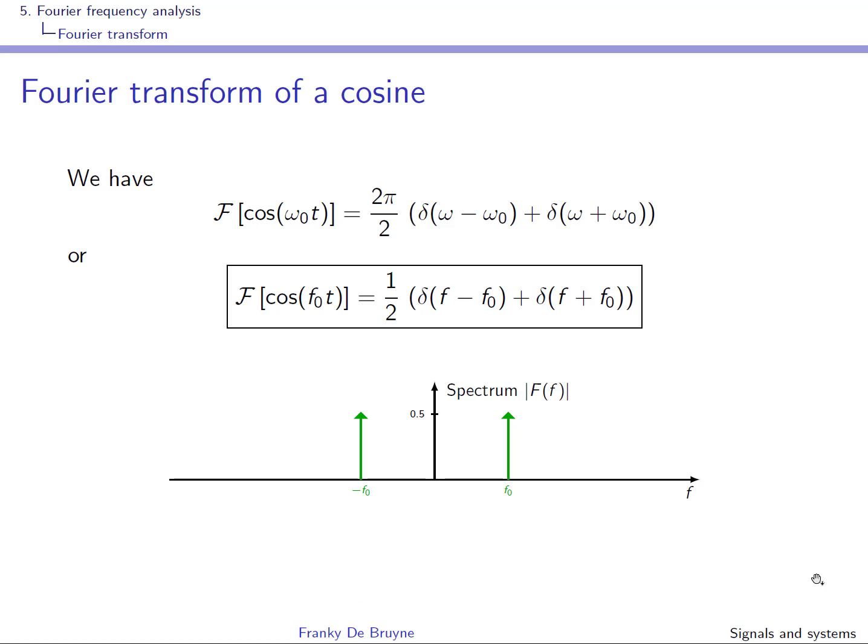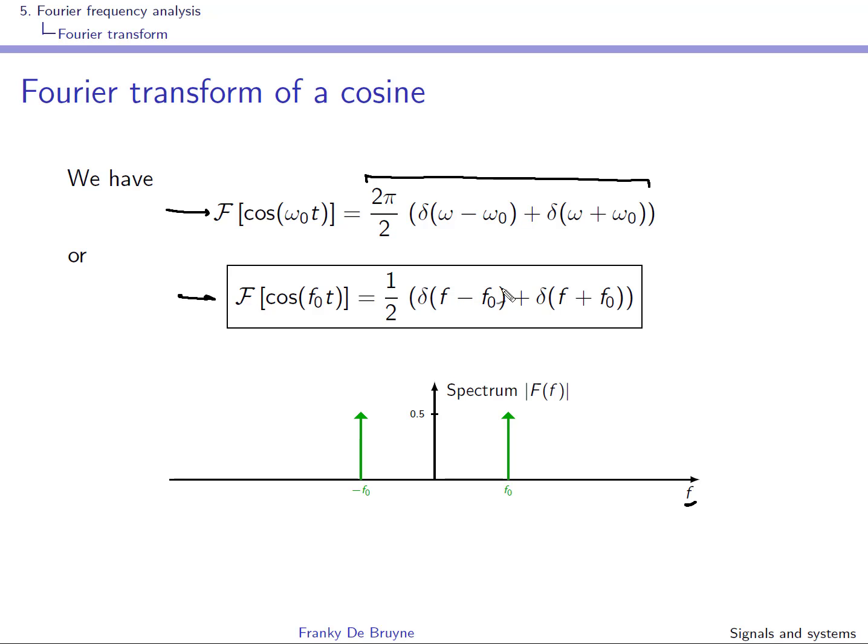The Fourier transform of a cosine, as we have just seen, is given by this expression over here. So it's two Dirac impulses, one located at omega 0 and the other one at minus omega 0. If we decide to work with a Fourier transform that works with the variable f, as we defined at the beginning of this section on the Fourier transform, you can obtain this relation over here.